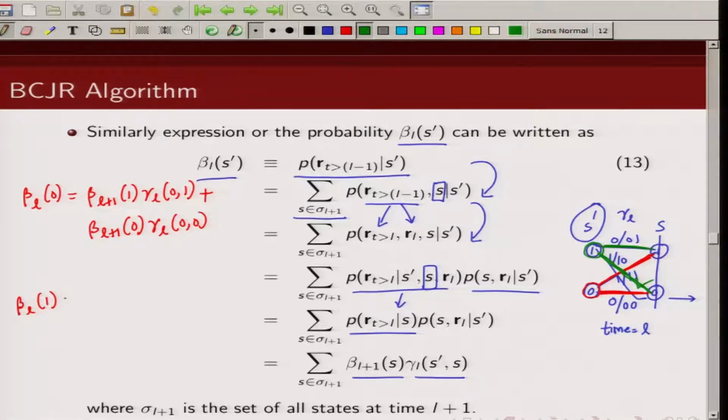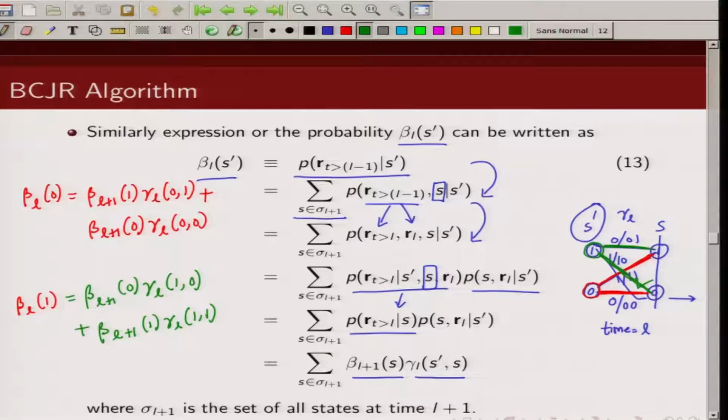So, this will be beta L plus 1 at 0 times gamma L 1 0, this is this term, and this other term will be given by beta L plus 1 at 1 times gamma L 1 1. So, this is our expression for betas.